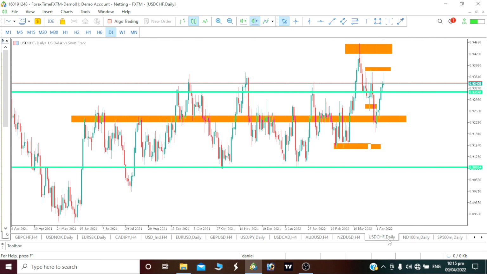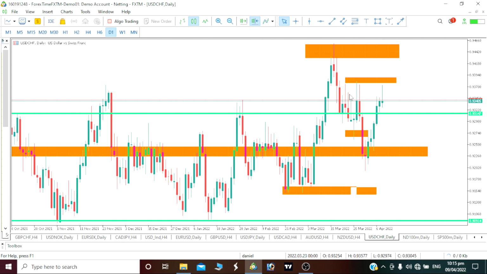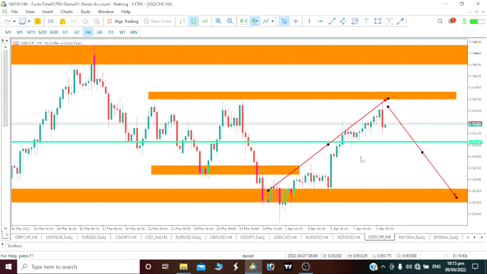Other pair we have to look for this week is our USD Swiss franc. Now we can see we will be seeing a rejection here. Since our USD is bearish, then we should be seeing a fall here on our USD Swiss franc. As we can see, a push up, right, then definitely we should be expecting a fall on our USD Swiss franc. Let's see on our 4-hour time frame what it is showing.